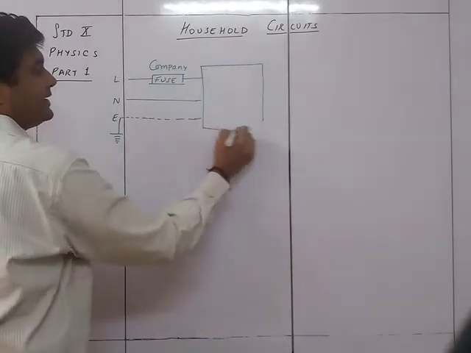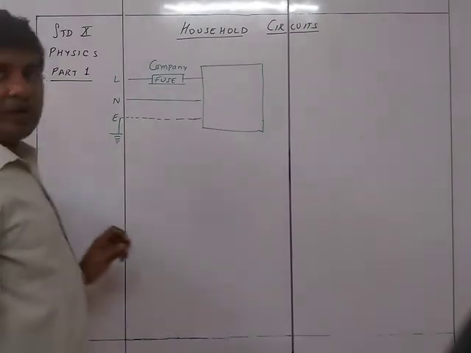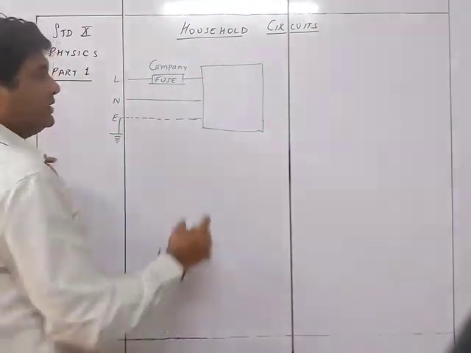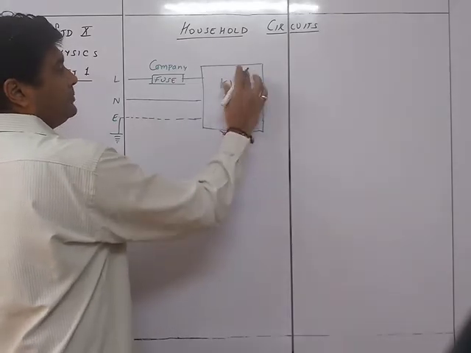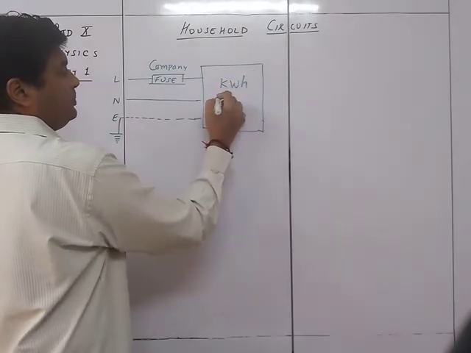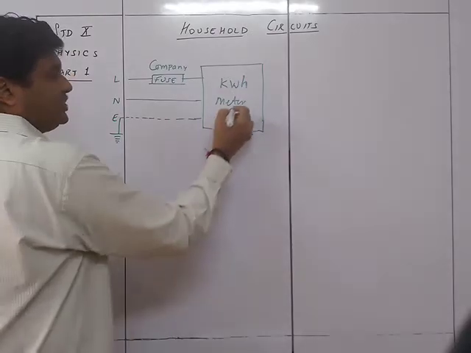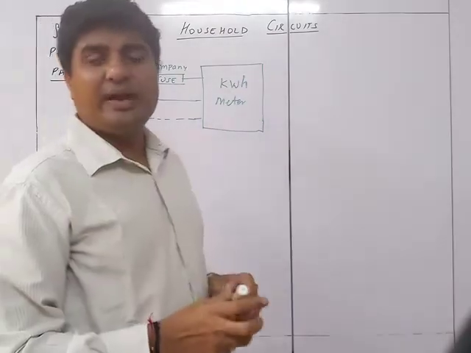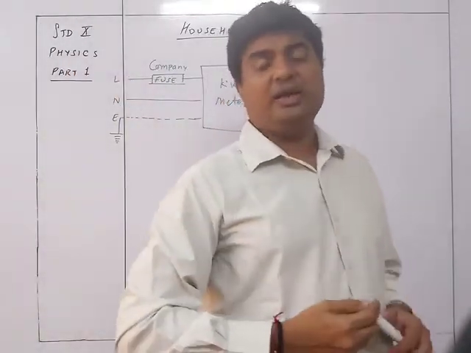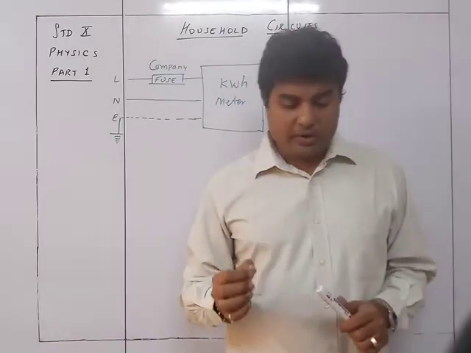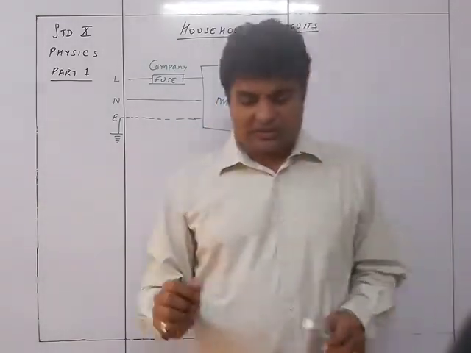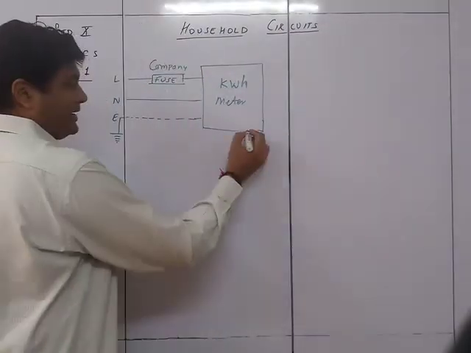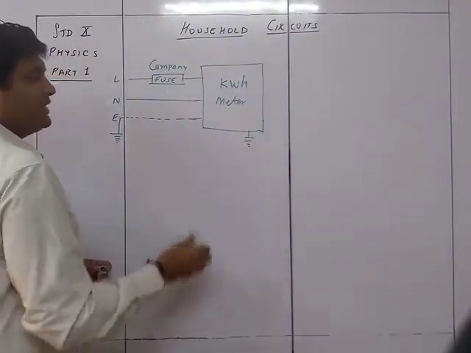So the electricity which comes to your house goes to the company fuse, and then it goes to a kWh meter, which is going to measure the amount of electric energy utilized by you on a daily basis. So that's why this will be a kWh meter, which is connected to, of course, the earth wire again. So this is a kWh meter.